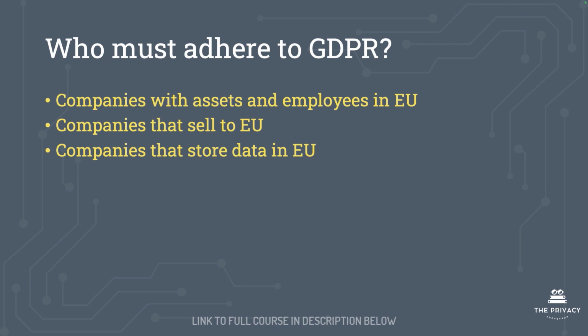For the CIPP US, we need to know that there are 3 categories of companies that must adhere to the GDPR. These include companies with assets and employees in the European Union, companies that sell to the European Union, and companies that store data in the European Union.